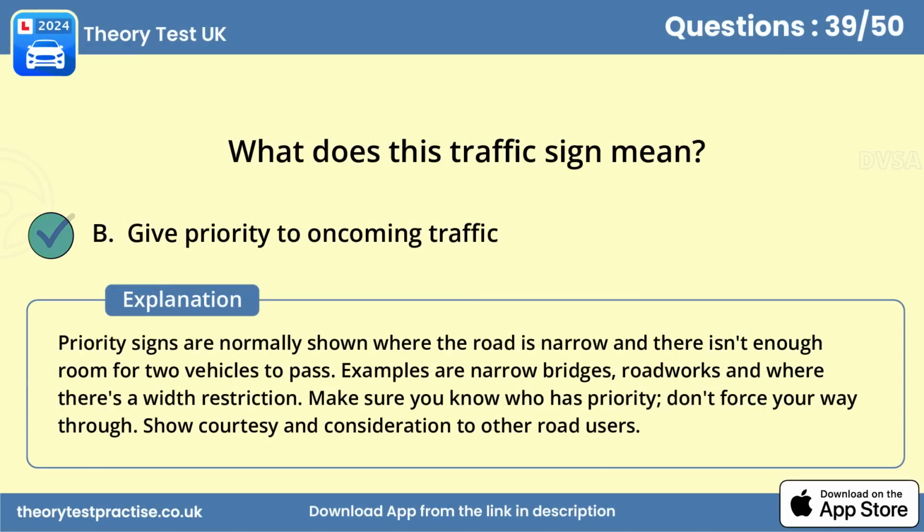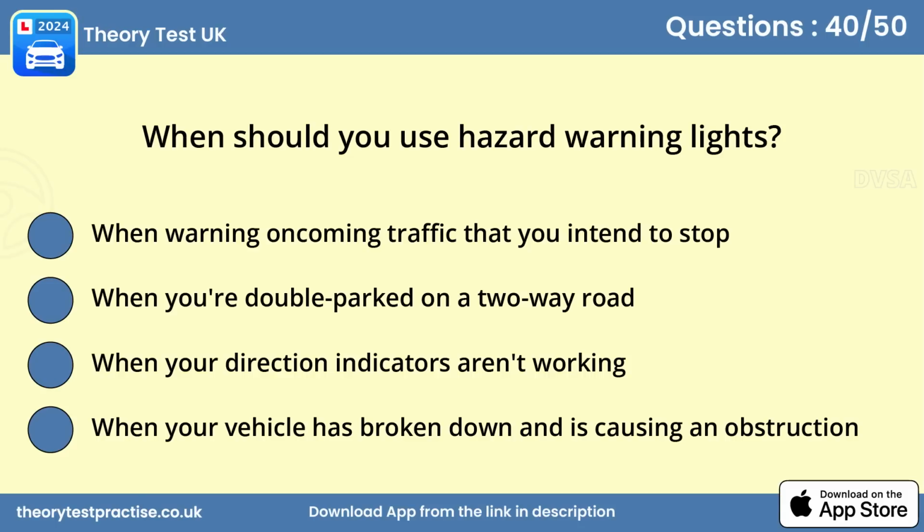Priority signs are normally shown where the road is narrow and there isn't enough room for two vehicles to pass. Examples are narrow bridges, roadworks, and where there's a width restriction. Make sure you know who has priority, don't force your way through. Show courtesy and consideration to other road users. Question 40. When should you use hazard warning lights?